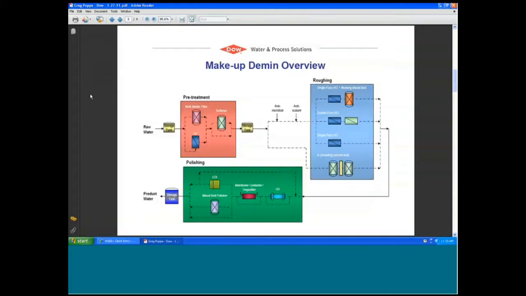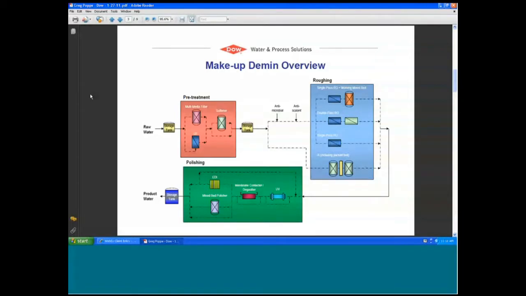When Tom spoke to us at the beginning of the session, he had one box which said demineralizer, I think, and so basically this is all contained within that single box. Dave's diagram, I think, broke this up into both pretreatment and makeup water, so that is how it compares to their systems.